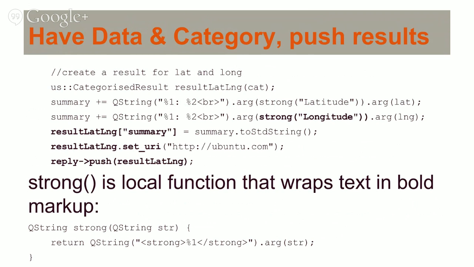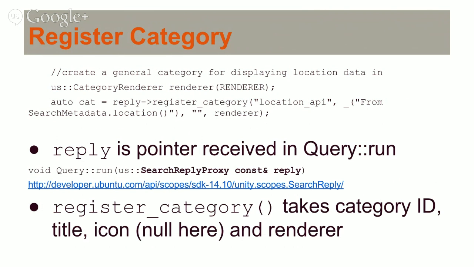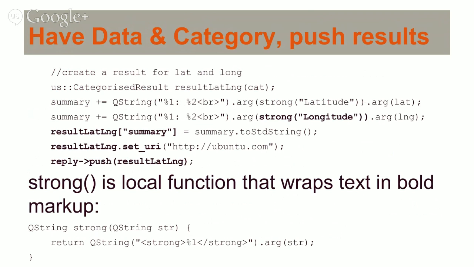What's of interest here? Well, first I create the categorized result using the cat, which I created in the previous screen. It's what you get back when you register a category, cat. So moving back to where it was, create the categorized result, and then in this result, what I'm going to do is populate a string using the QString here for convenience.